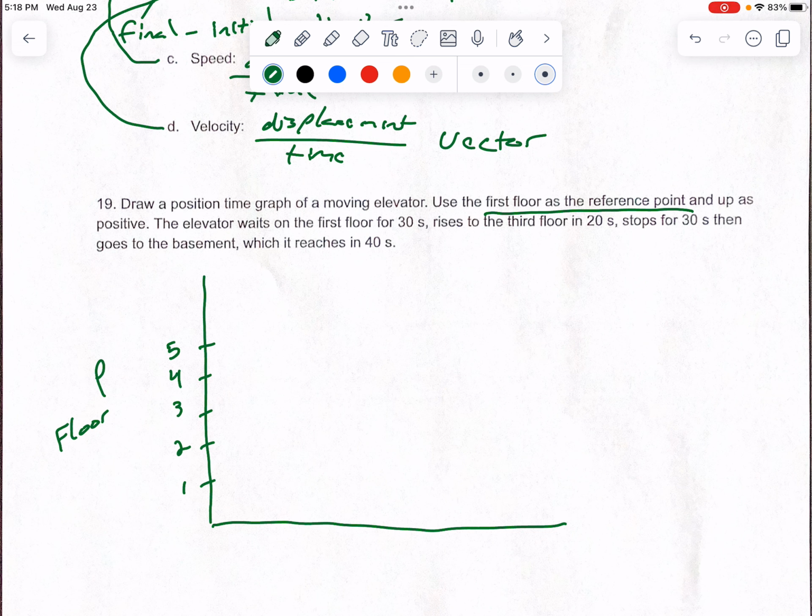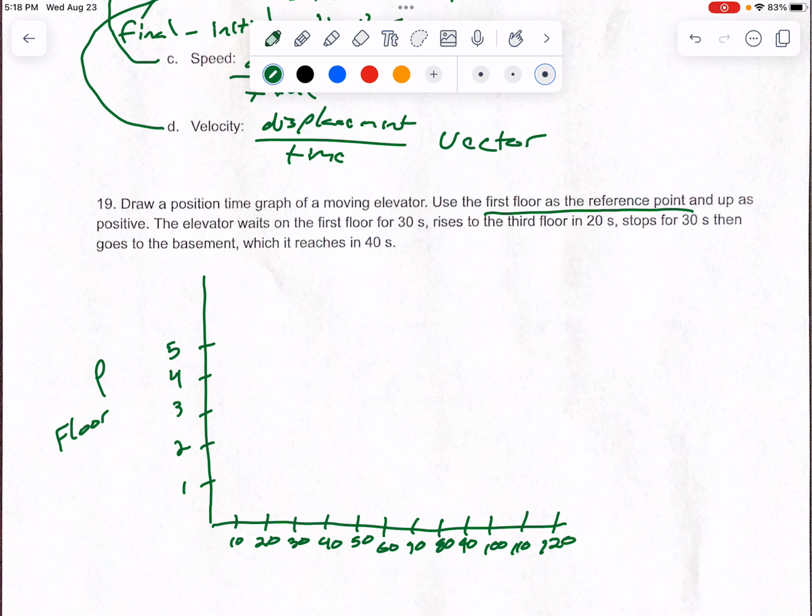I don't think we have to go any higher than that. Now it does cover a lot of time, so I'm going to go up by 10s: 10, 20, 30, 40, 50, 60, 70, 80, 90, 100, 110, and 120. I think that's where it stops.